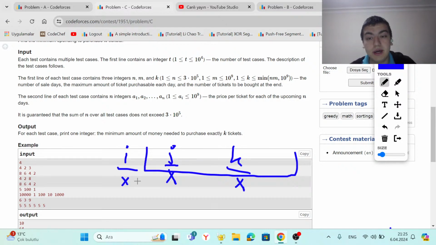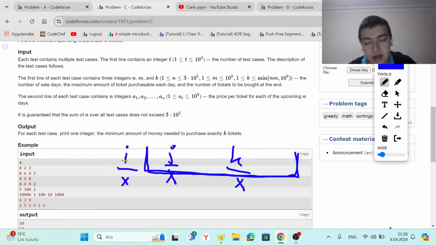So if we buy the I ticket, the sorted order of these elements will not change because we are adding the same amount to all of them.